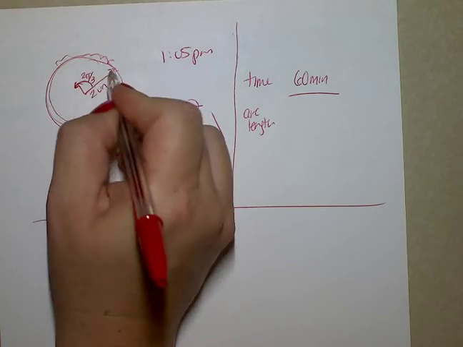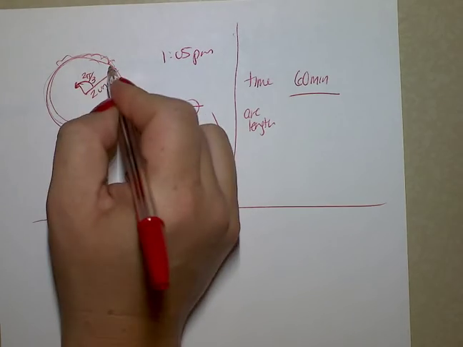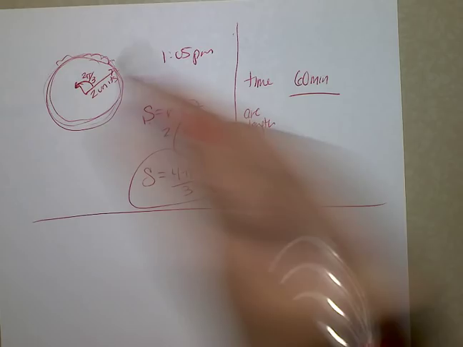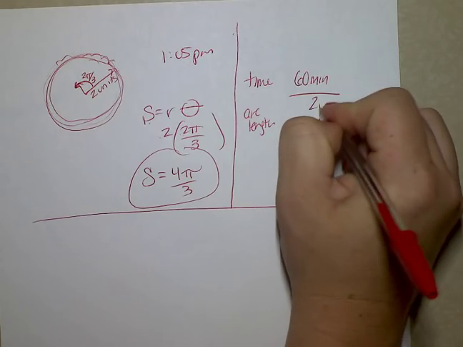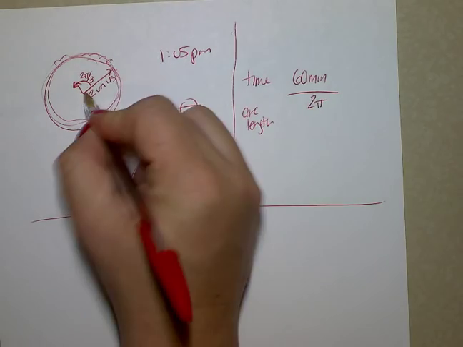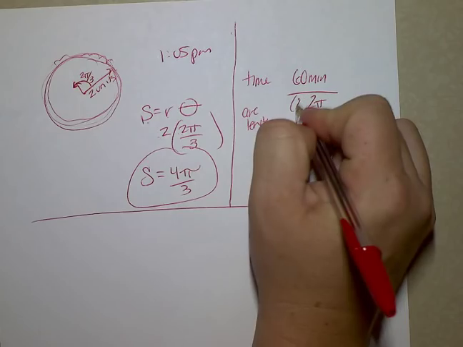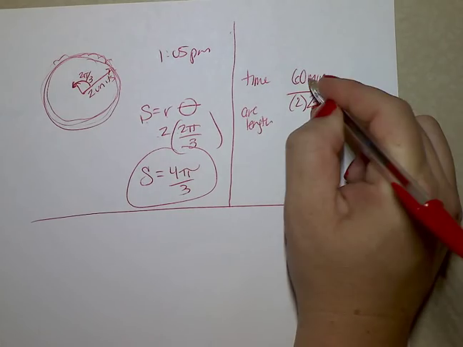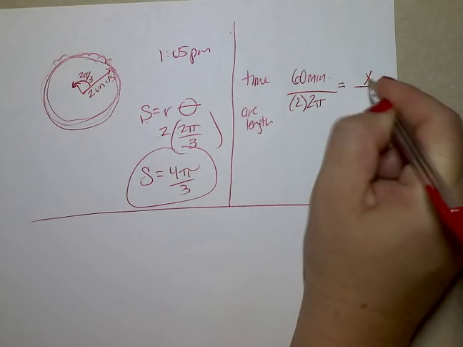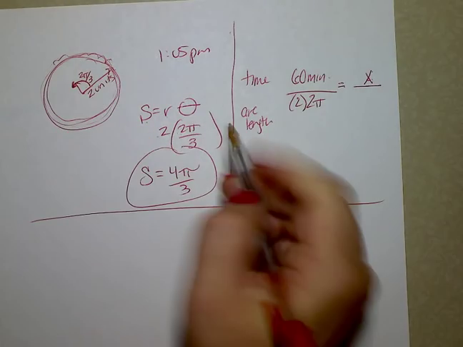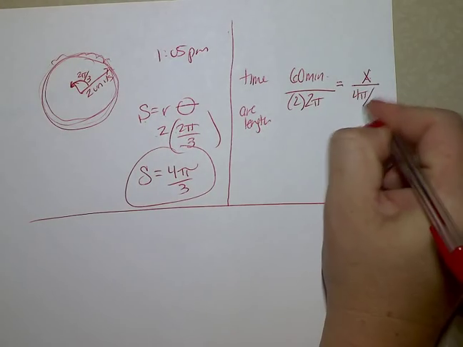The circumference, also known as the arc length of the entire circle, is 2 pi r. And r in this case is 2. We want to know how many minutes I set it back if the arc length is exactly 4 pi over 3.